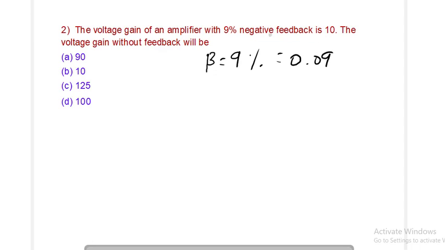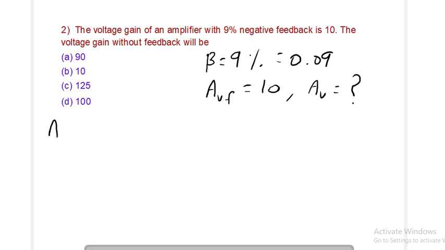Second, we are given the gain with negative feedback, which is 10. What we want to find is AV, the gain without feedback. We have a formula for AVF.